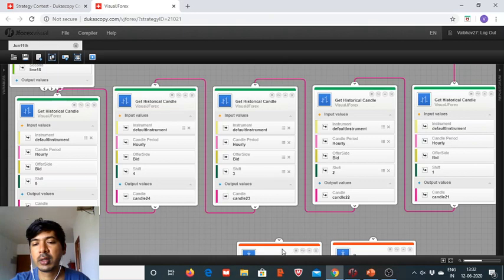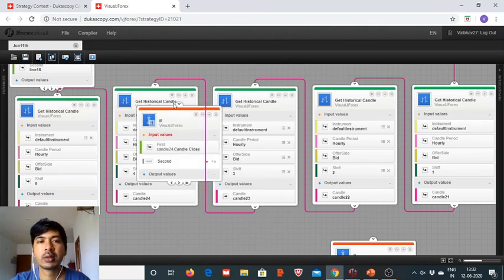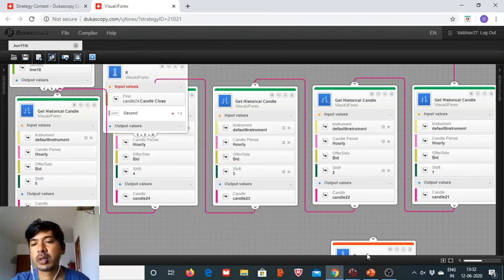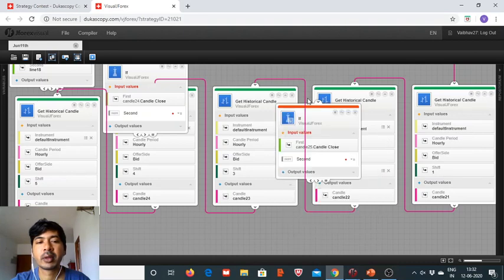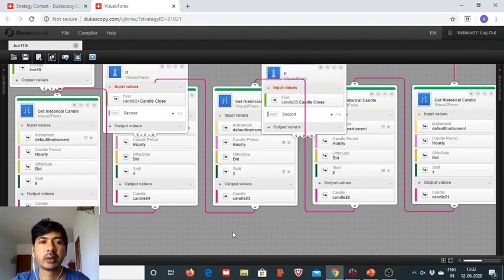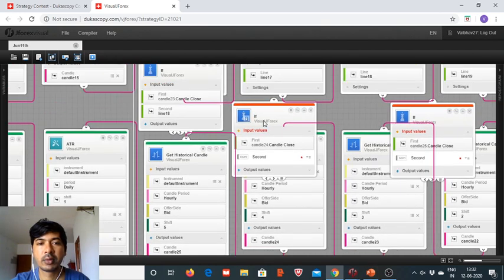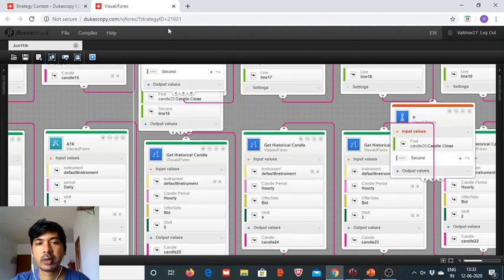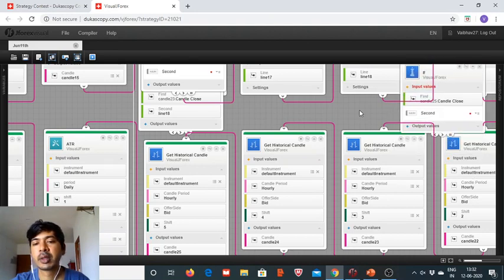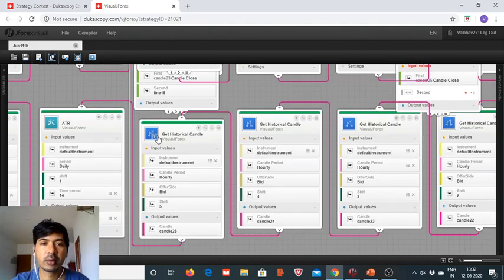So we now have to consider candle 25 and candle 24.